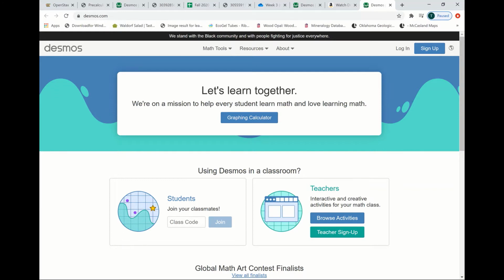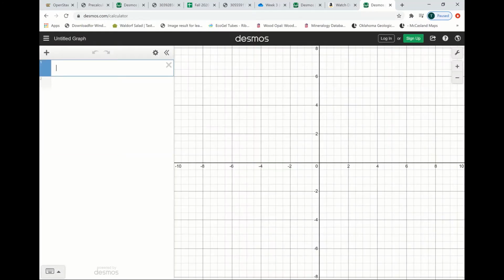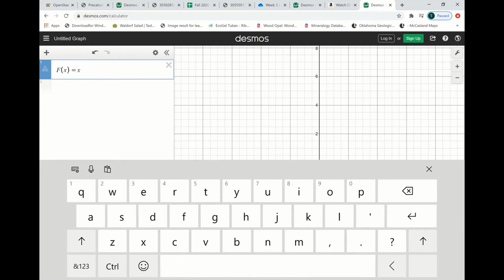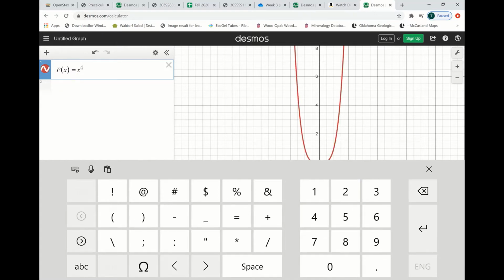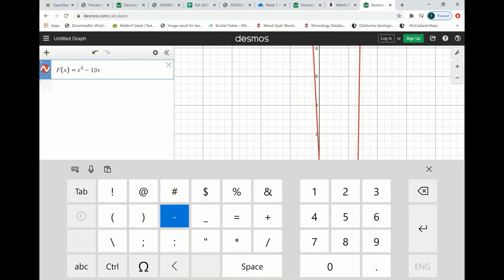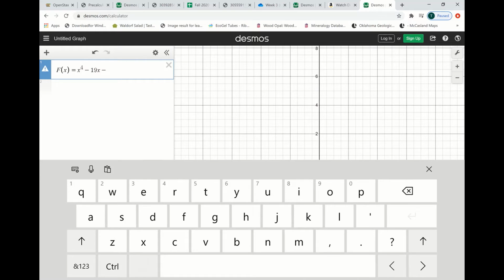So that makes it f of x equals x to the 4th minus 19x, and it was also minus 30x.